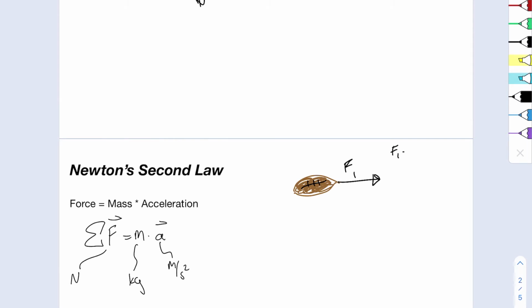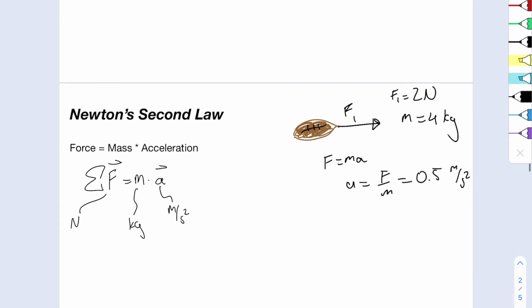Let's say F1 is equal to 2 newtons, and the football's mass is equal to 4 kilograms. We can very quickly use F equals ma to find the acceleration. So a is equal to F over m, which is equal to 0.5 meters per second squared. And that's just a very basic example.